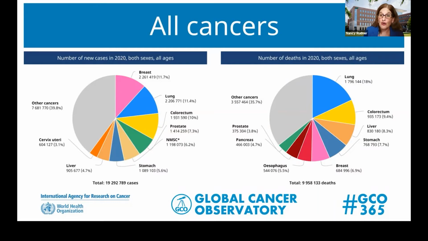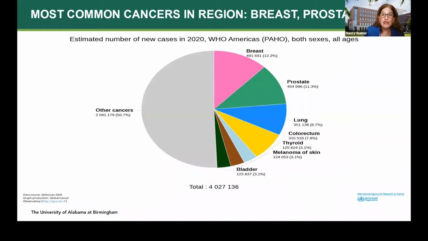Lung and colorectal cancer are responsible for about 25% of cancer deaths. In the region, breast and prostate cancer are very prominent, followed by lung and colorectal. But as you can see, half the cancers are from a range of different types.